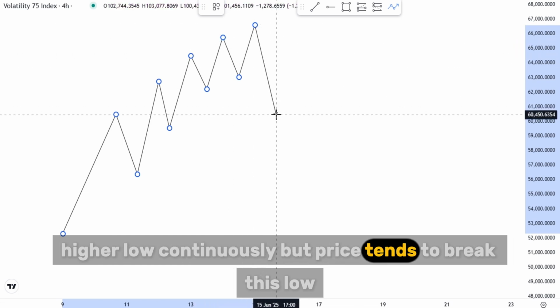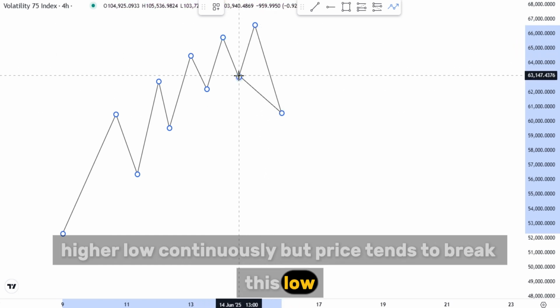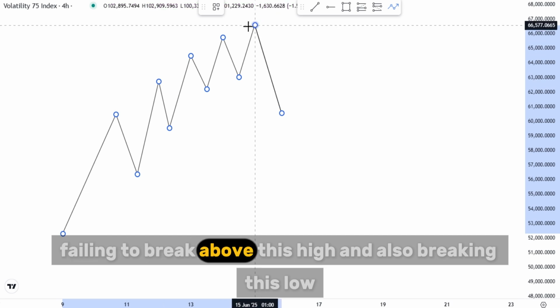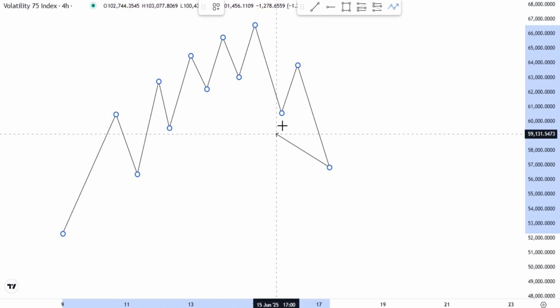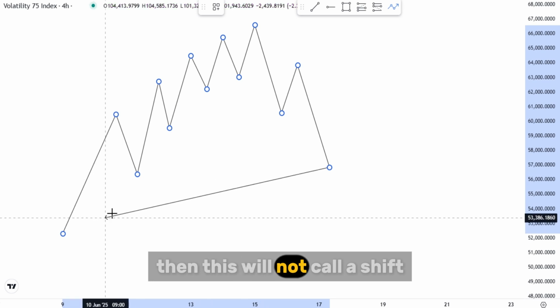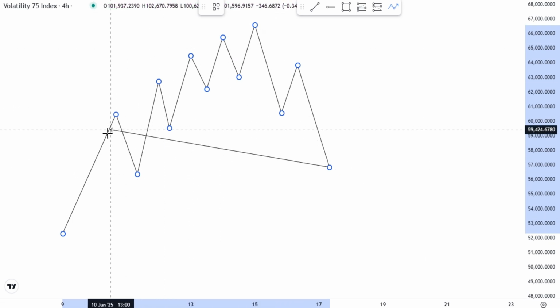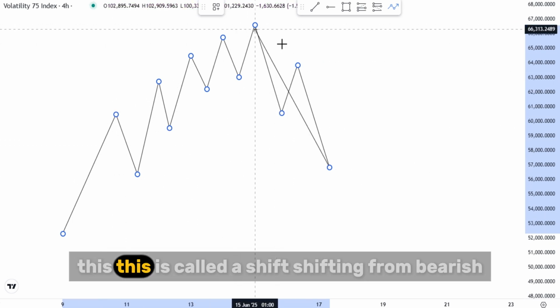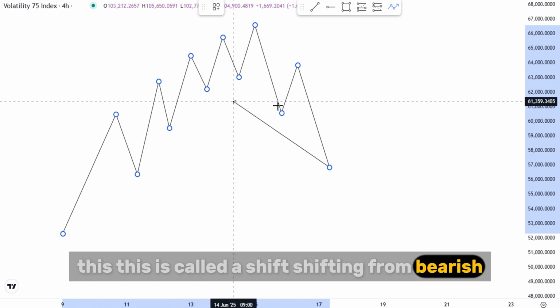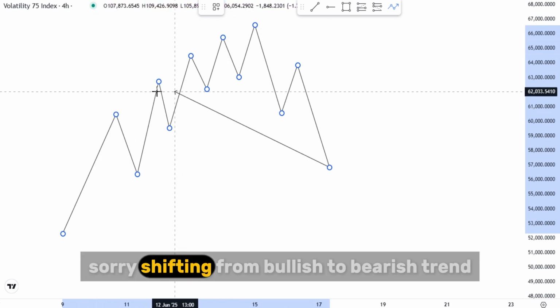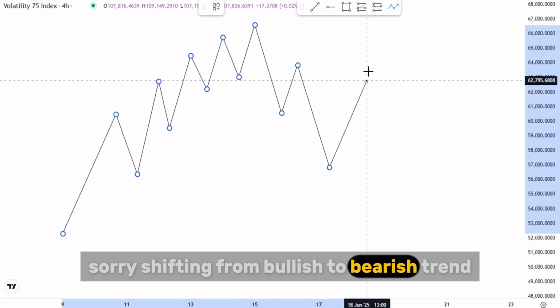But price tends to break this low, failing to break above this high, and also breaking this low. Then this is called a shift, shifting from bullish to bearish trend.